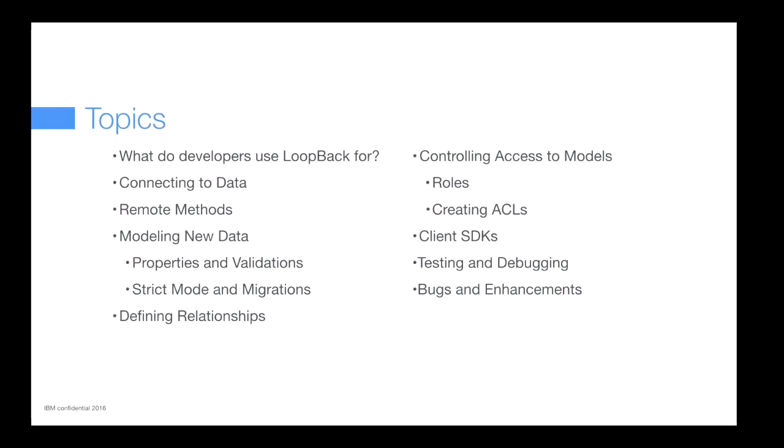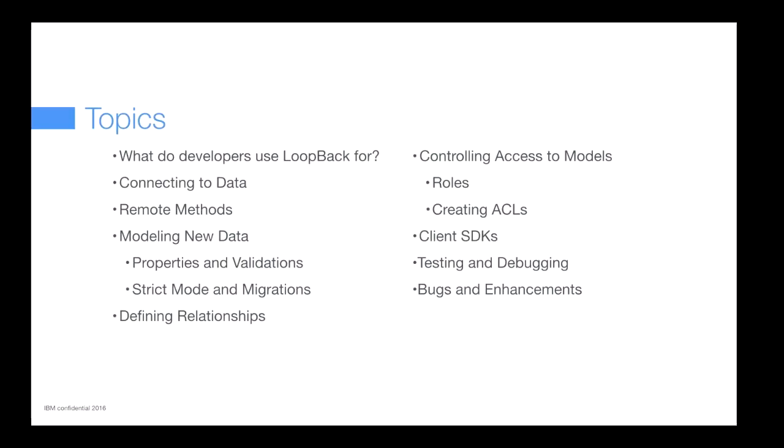And then I'll touch on the authentication systems and security that's built into LoopBack, so access controls. How do you define roles? What are the built-in roles? Access control lists.